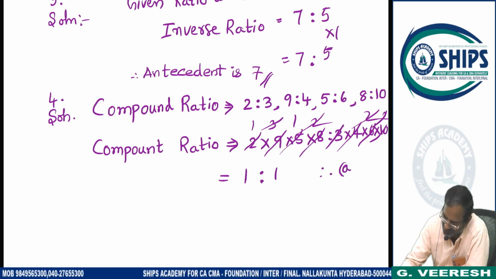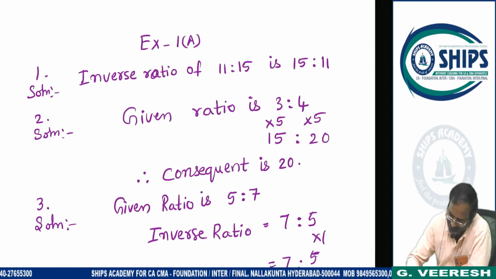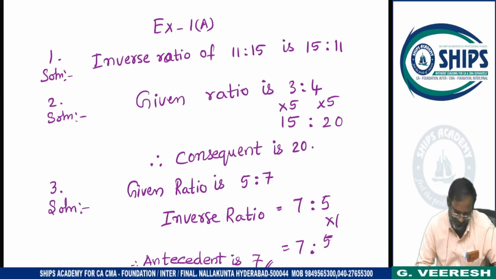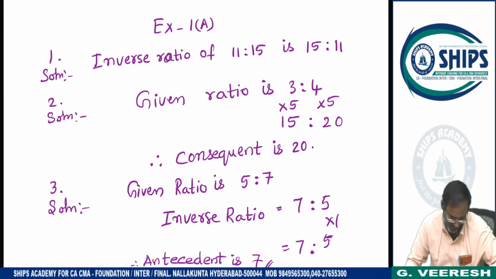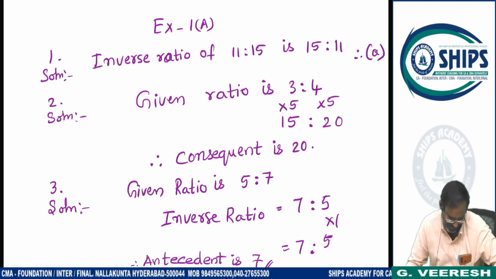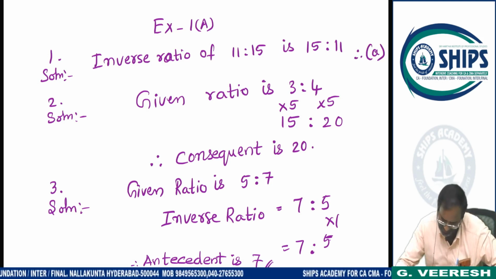We have not written the previous questions' answers also. You have to write whatever options we got here. First one is 15:11, so the first option is A. Second one it is 20, so D option.